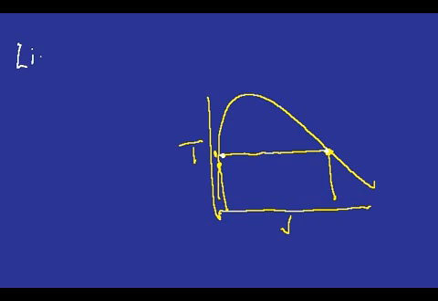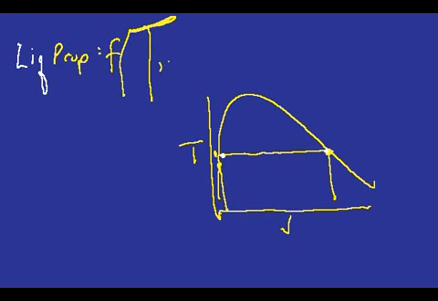Liquid properties are a function of mostly temperature and maybe a little bitty function of pressure. So the overriding influence on the liquid is the temperature.